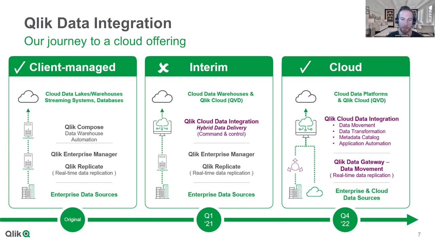Before we came there, we introduced Qlik Hybrid Data Delivery. And that was a solution that you could move your data from on-premise to Qlik Sense hosted in the cloud. And therefore it was an interim solution because the target was only Qlik Sense. Now Qlik Cloud contains a full platform in which the target can not only be Qlik Cloud, but also other cloud targets.